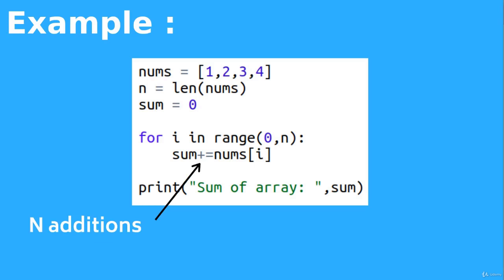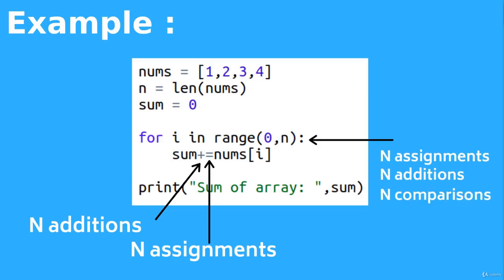Now why is that? Well, we would do an addition at each iteration in the loop. And since we're going to do n iterations, that means that we would have n additions. Similarly, here we have n assignments for the same reason, an assignment for each iteration. We got n iterations, so we have n assignments.